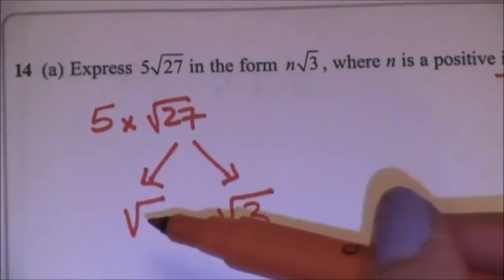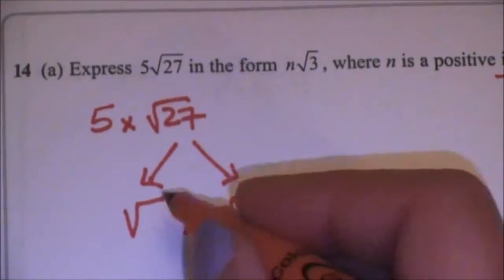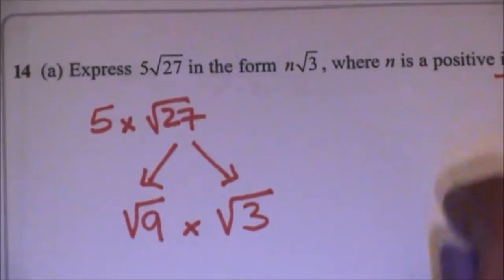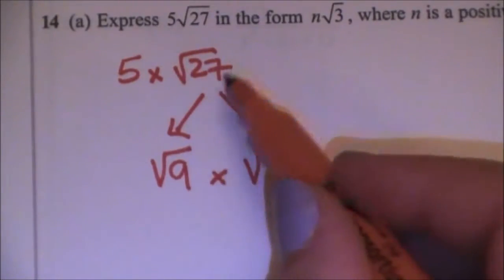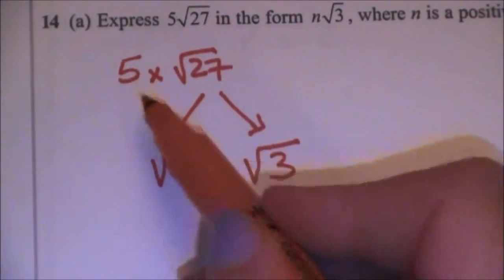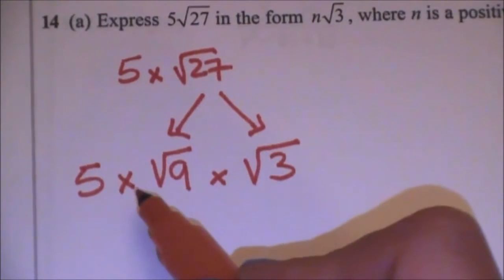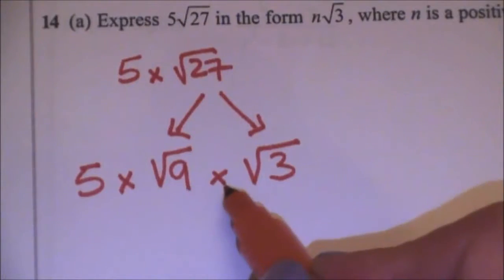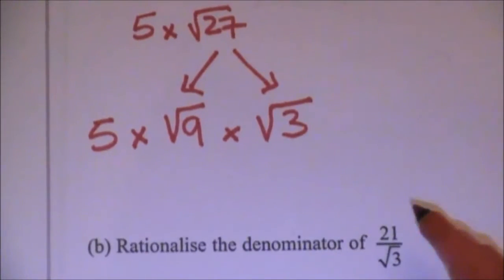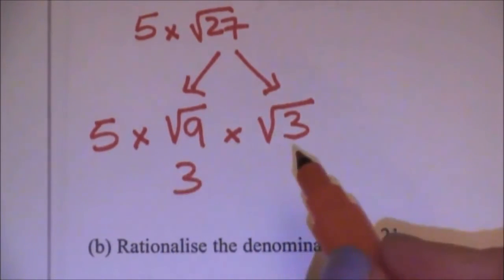So I need to decide what times by 3 is going to give me 27. And that's 9. 9 3s are 27. So now I've broken that root 27 up into root 9 times root 3. I can add in the fact that it started with 5 times by root 9 times by root 3. Knowing what I know now about numbers, I know that the square root of 9 is 3.